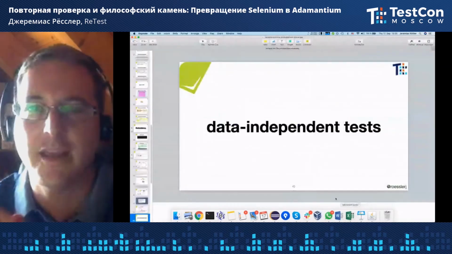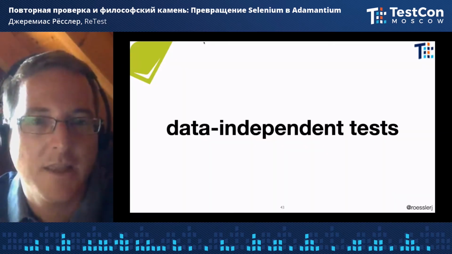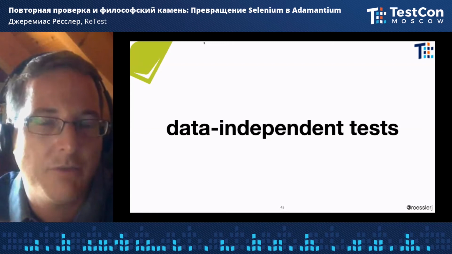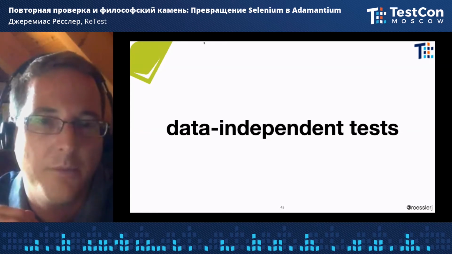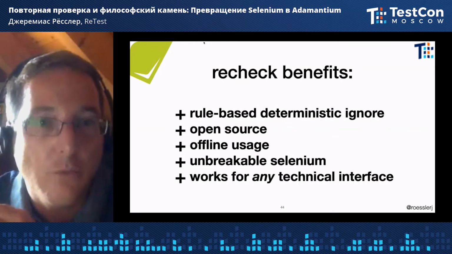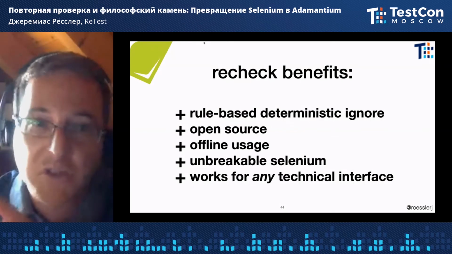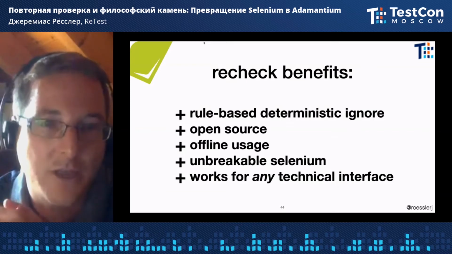So now I can create data-independent tests. Tests that just execute, and if the data being displayed, say the calculation data, changes, I don't need to update the test, I just need to update the golden master. So overall, the benefits are you now have a rule-based deterministic ignore. It's open source, you can use it offline. It gives you, in a sense, unbreakable Selenium and auto-healing tests.